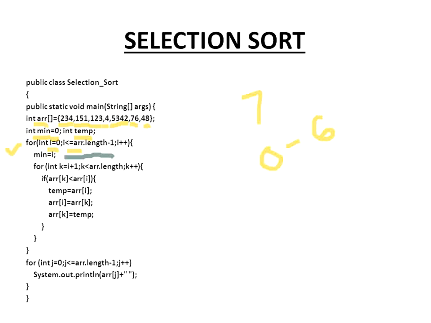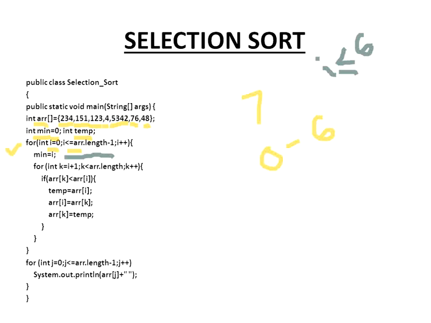What will be the numeric value for arr.length minus 1? Yes, 7 minus 1 is equal to 6.